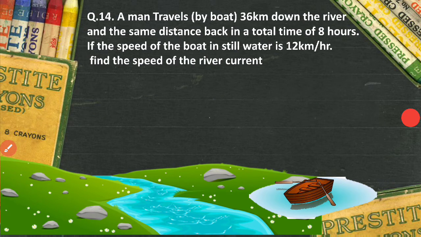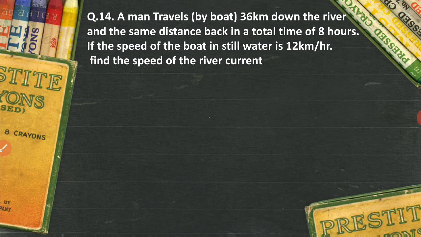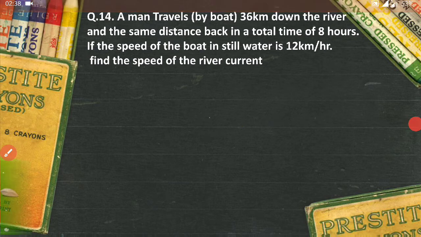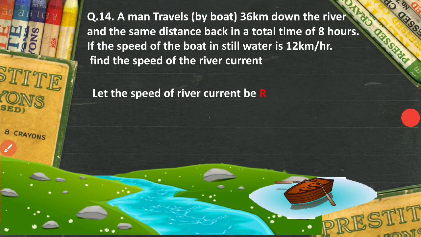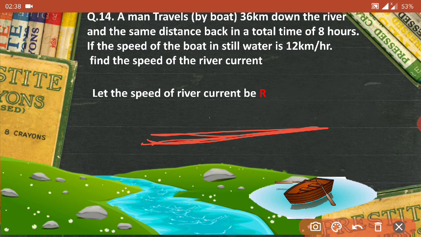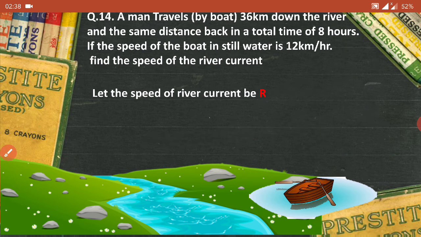That is nothing but the river current. Still water is when the water is not moving, in a normal case, at the same level.